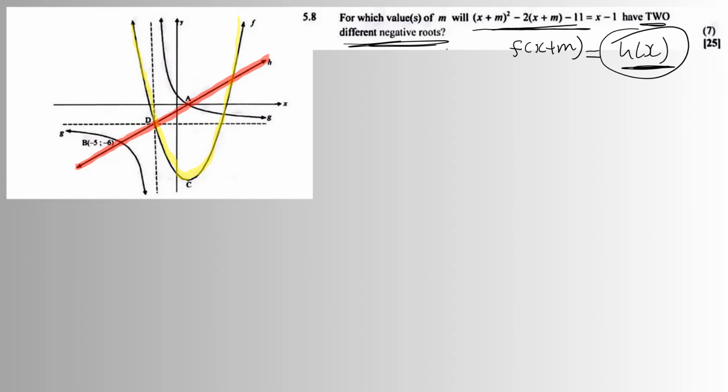So we are trying to shift this graph such that it's coming this side, to the left, because this will ensure that the roots, the x values, they are 2 and they are different, they are negative as well, they are on the negative side. That's the idea really with this question.